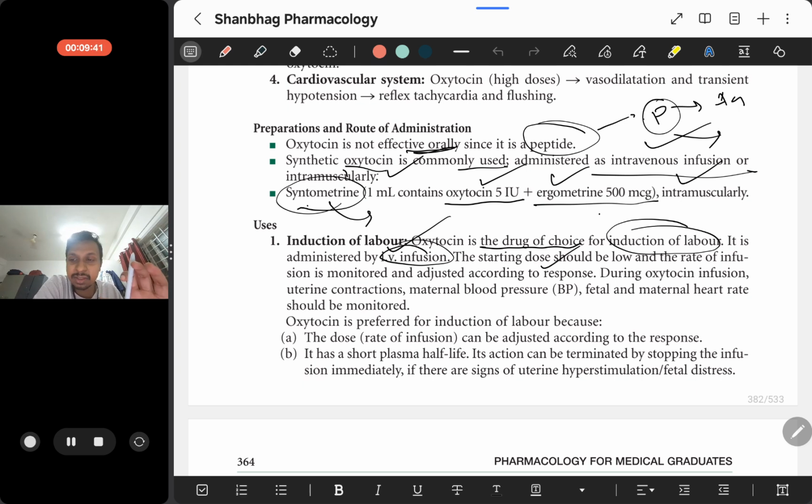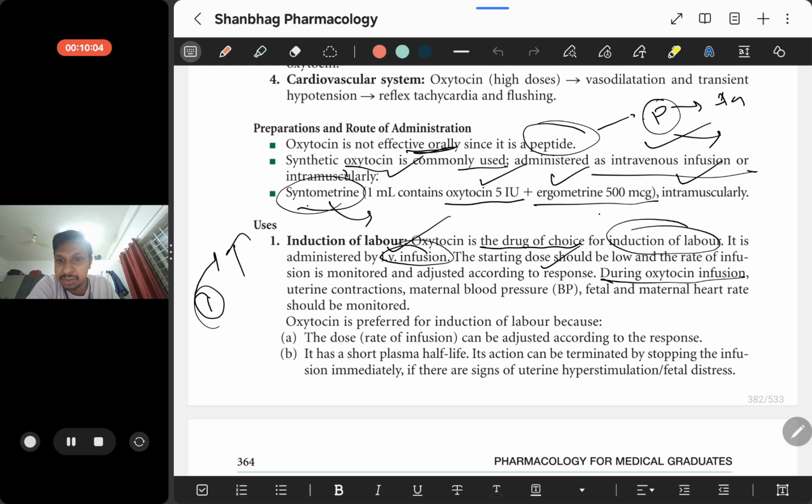We cannot give the oxytocin directly in large quantity because it might cause hypotension, reflex tachycardia and flushing, and also hypotension due to vasodilation. So initially we need to give a little dose of oxytocin. According to the requirement of the patient, we need to increase the dose of oxytocin.